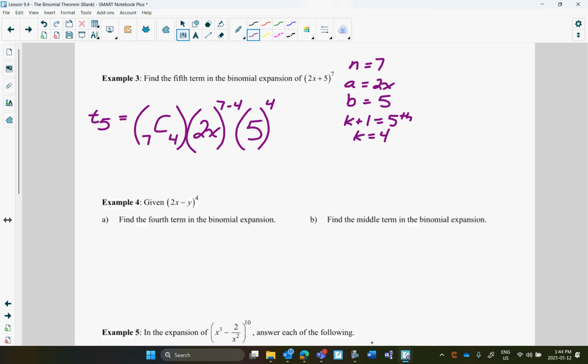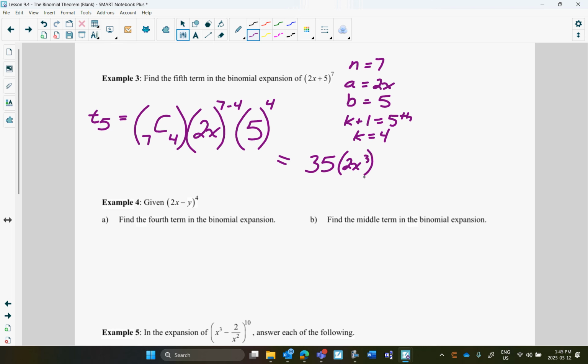And now we have to simplify this. This is obviously a calculator section question. So 7 choose 4 leaves us 35. 2x to the 7 minus 4 is 2x to the third.